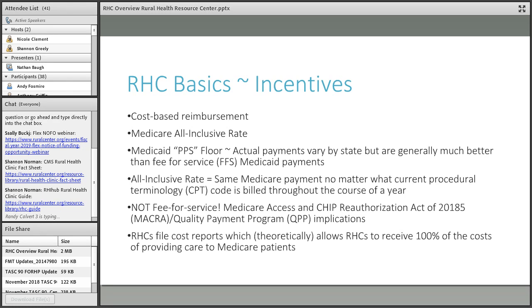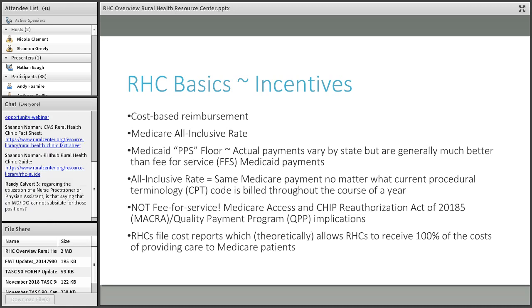Why would you go through all this? Why would you go through that survey and certification process and figure out how to get your rural health clinic status? Well, you get cost-based reimbursement. So you guys are familiar with how CAHs get reimbursed. They get 101% of their costs based on a cost report. Rural health clinics have a very similar payment structure.